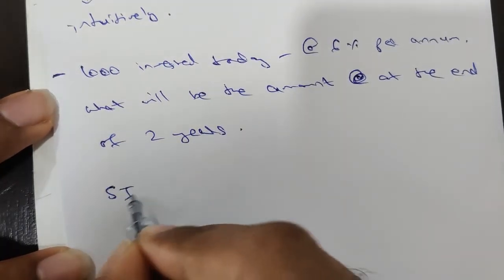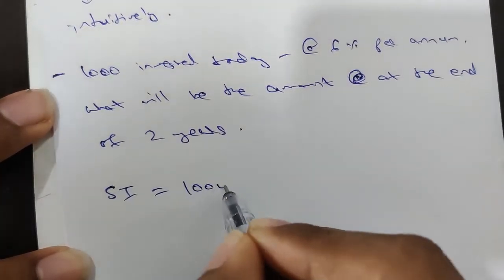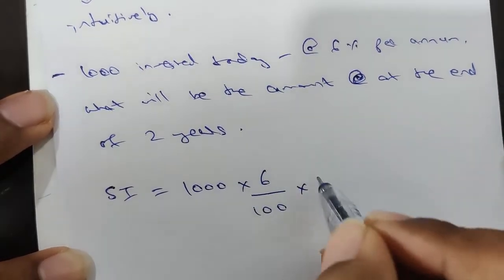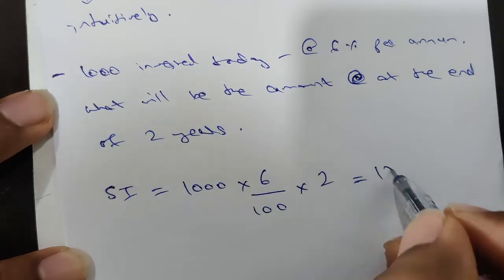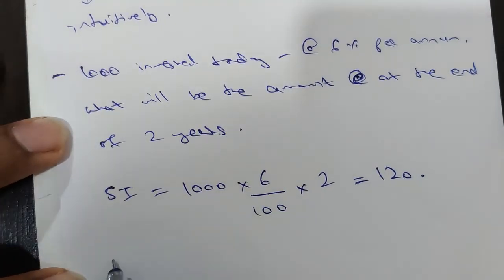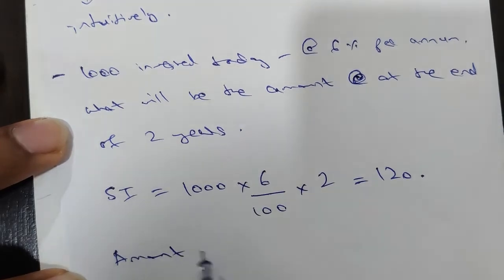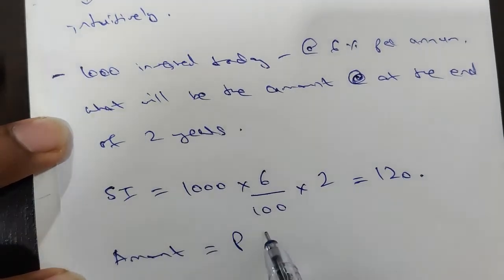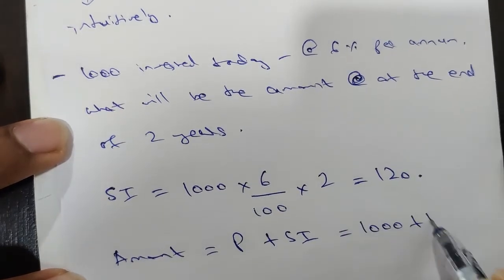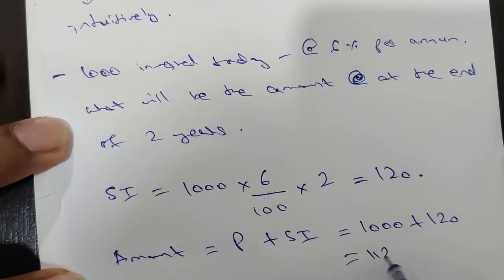So simple interest equals 1000 into 6 by 100, time is 2 years. So it will be 120. So this is the interest part. Now what will be the amount? Amount would be principal plus simple interest. 1000 plus 120, 1120.